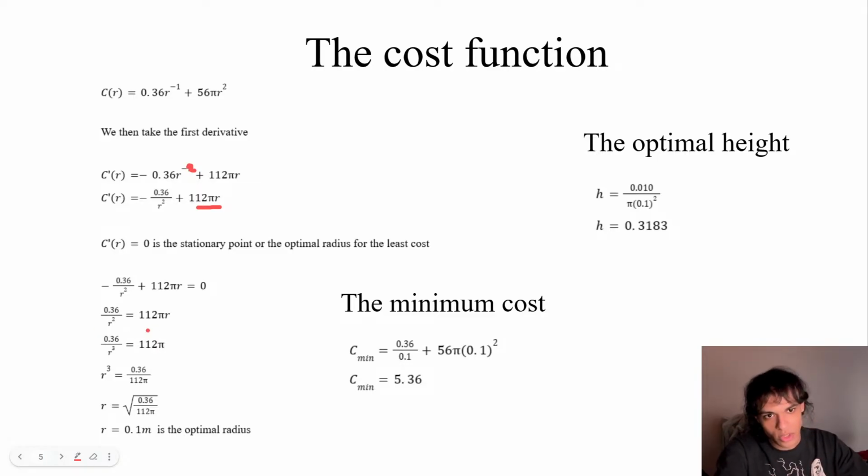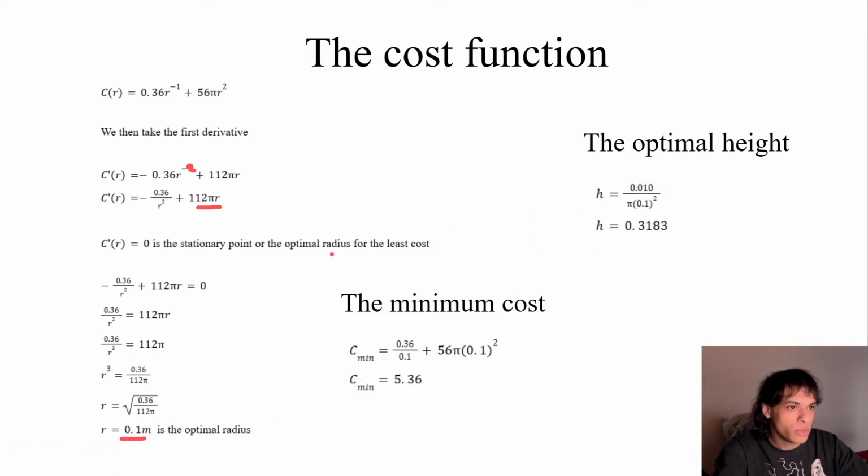Now we try to isolate the r, so we rearrange the formula so that it's in terms of r to the power of 3. To get rid of the power 3, we take the cubic root of both sides, and we get the final answer, which is 0.1 meters, the optimal radius.